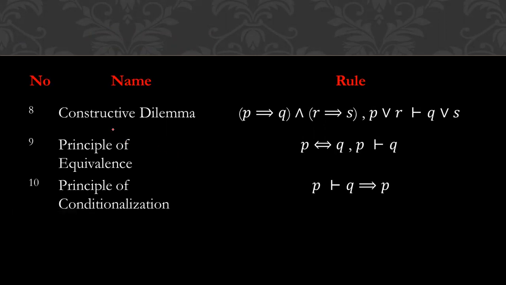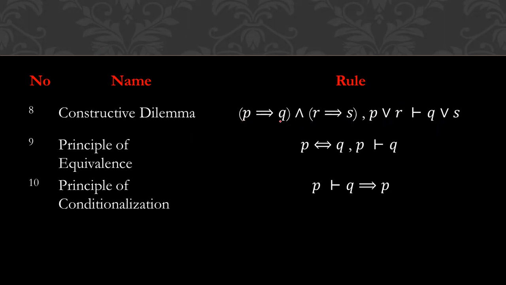The next one is the constructive dilemma. We have P implies Q and R implies S, and then we have P or R, and the conclusion is Q or S. So this argument is also valid. To justify this one, we have premises here.